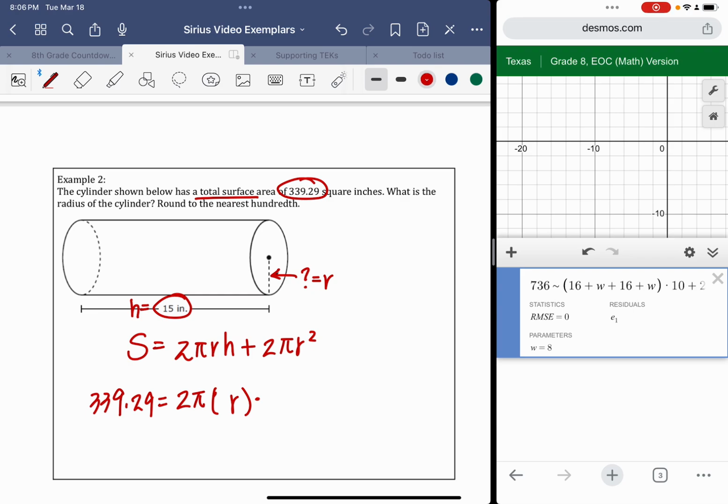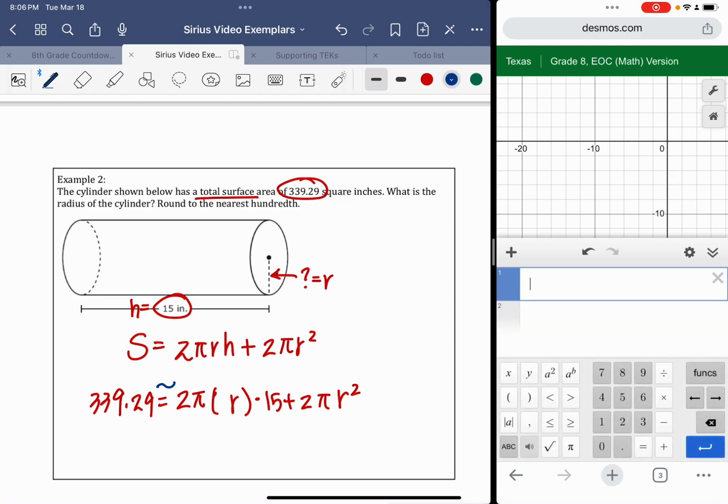So let's just use this. Parentheses r and then times the height. The height is a 15 and then plus 2 pi r squared because I don't have the radius. I'll just leave it like that. And then again, this is an equation again. What sign do we need to use? Similar to.